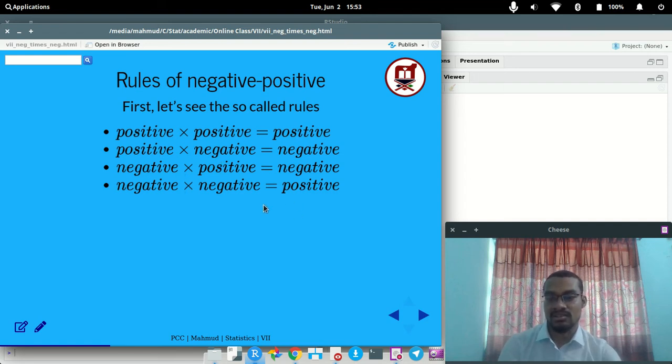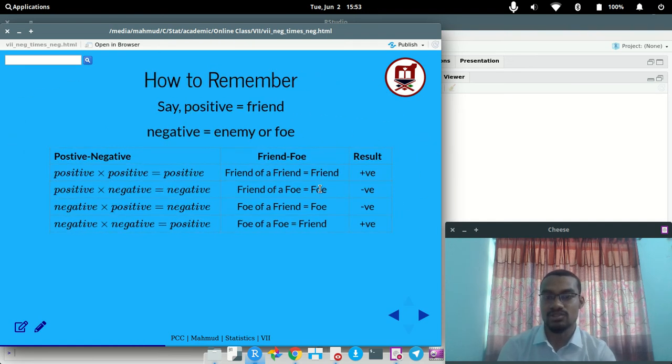And you also know this rule: negative times negative is positive, negative times positive is negative. And there is a question: why does a negative number multiplied by another negative number give us a positive number? We'll discuss this. But before this, let's see how you can easily remember the rule.